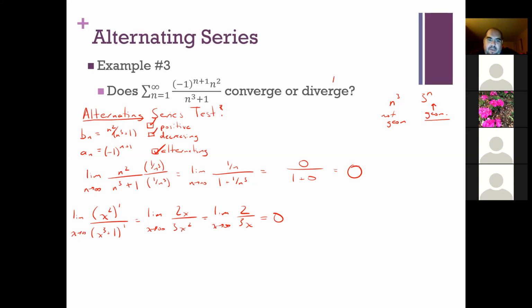So what does that mean about my alternating series? It converges. So I met all the conditions, and the non-alternating part of that sequence goes to 0.